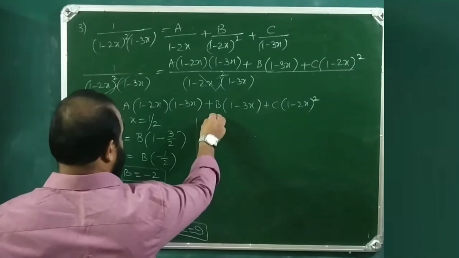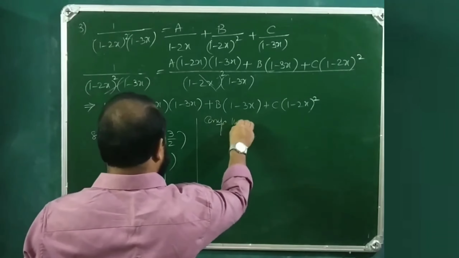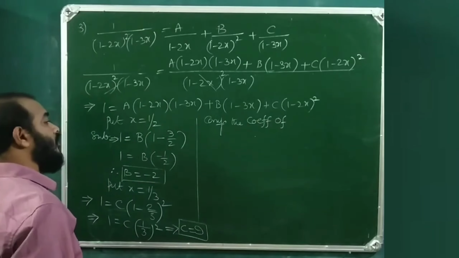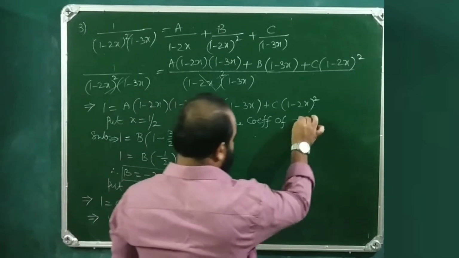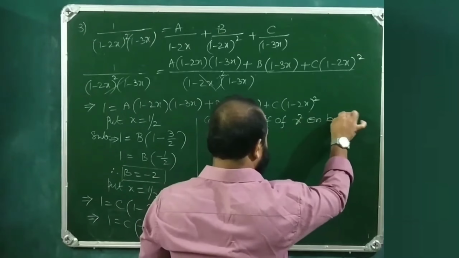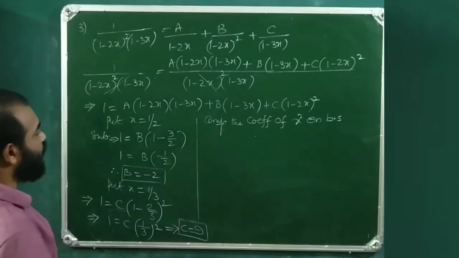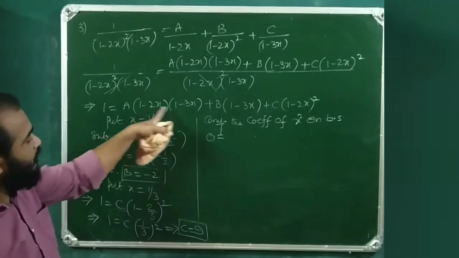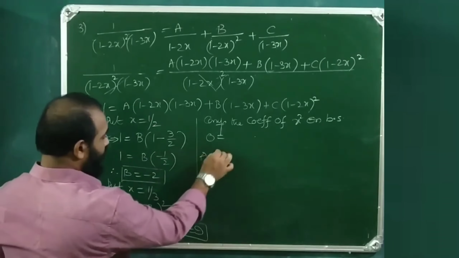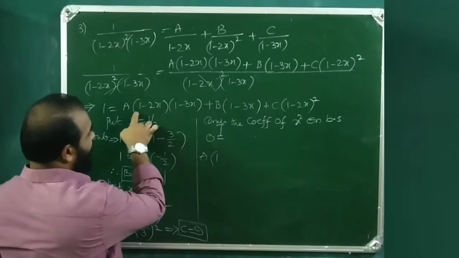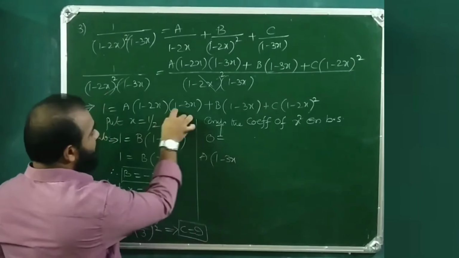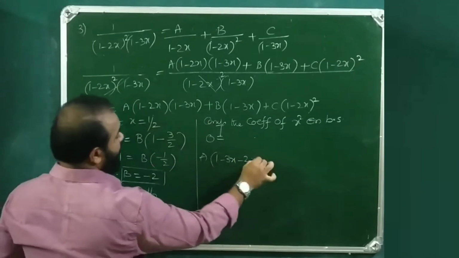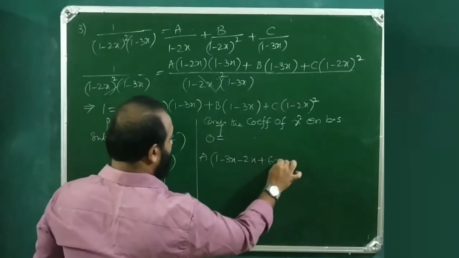Now, comparing the coefficients of x square on both sides. We don't have any x square term on the LHS, therefore it is equal to 0. So if you multiply this, a into 1 into 3x minus 3x, minus 2x into minus 1, minus 2x into minus 3x, minus into minus plus, 2 threes are 6x square.